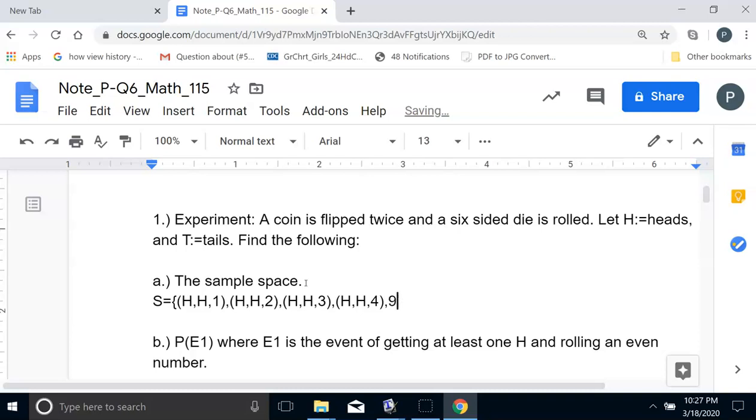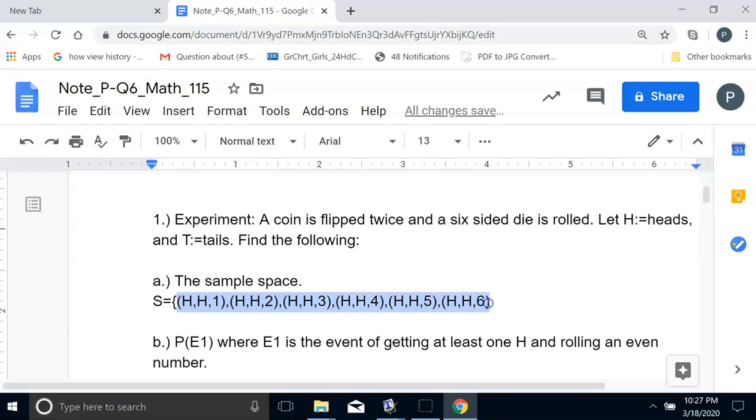We could have 2 heads and a 5. We could have 2 heads and a 6. I'll stop at 6 because the die has 6 sides.